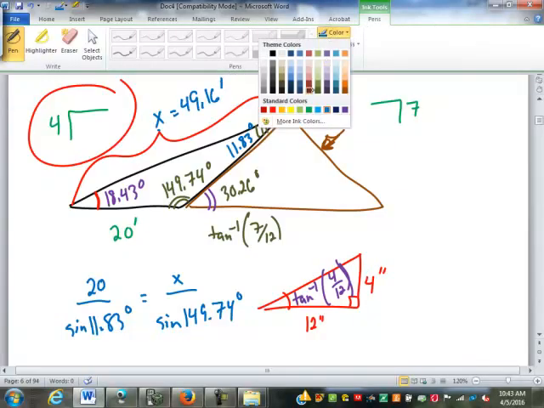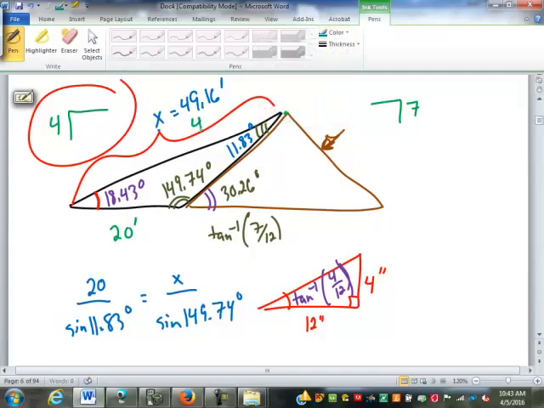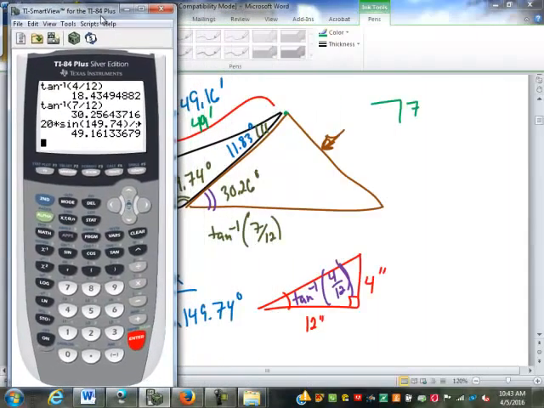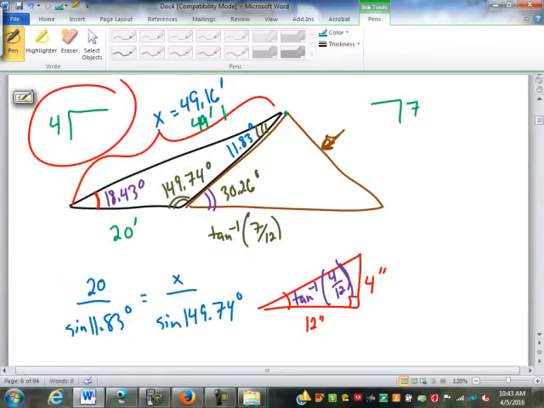So again, that's 49 feet. Subtract the 49 times 12. 1.93 is going to be 1 and 15/16 inches.